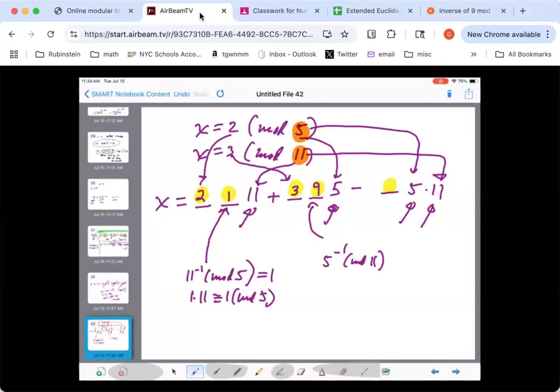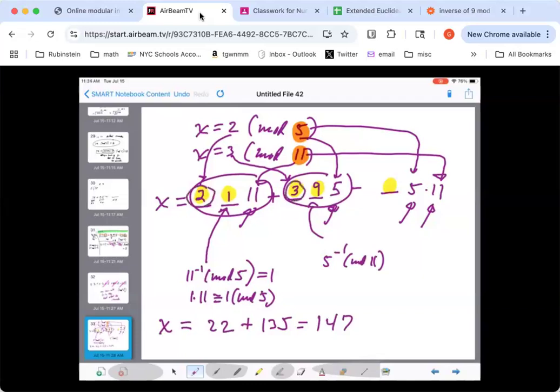Now what you do is you calculate this, which is 22, and this, which you use a calculator for, 3 times 9 times 5 is 135. So just to recap, these two numbers are the two remainders that you want to get.